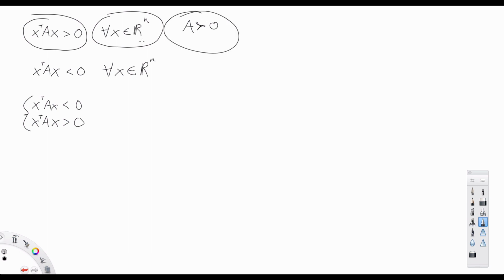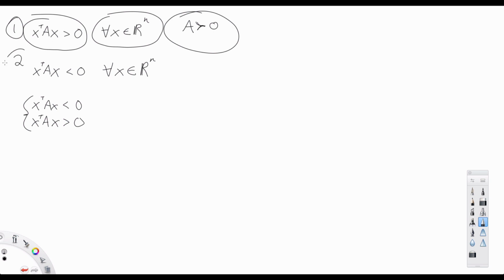So here in this class, I'm using this symbol to express that a matrix A is positive definite. That means we have a quadratic function that looks like a bowl of some sort. It's concave up, and the origin is a minimum. We want to know when we can guarantee that these properties hold. So that's case number one, a positive definite matrix.